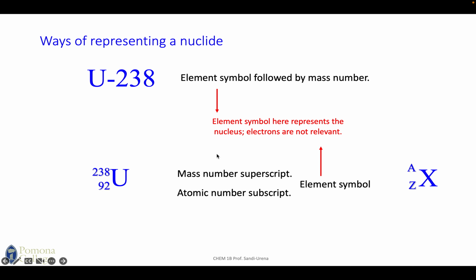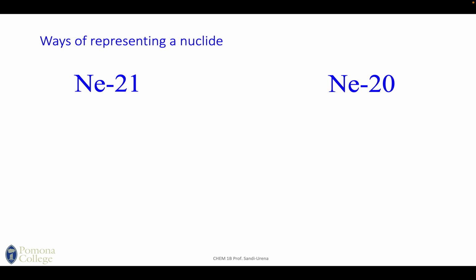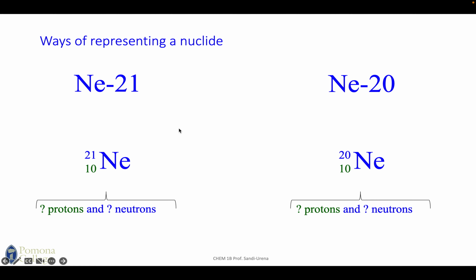And again, the electrons are not relevant for nuclear chemistry because they do not participate in the chemical transformation. Here we have two more examples, neon-21, neon-20. They have the same number of protons because it's the same element, neon, but evidently they have different numbers of neutrons because they have different atomic masses.